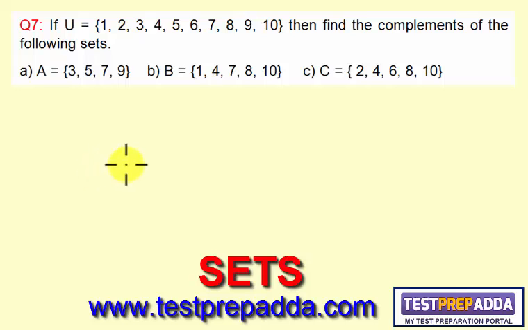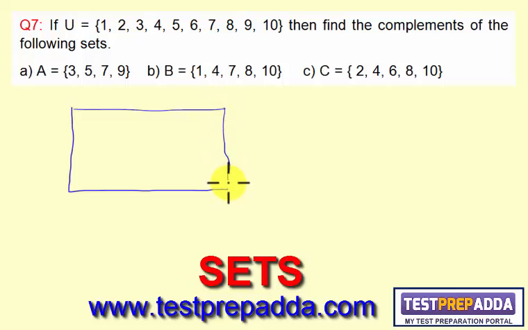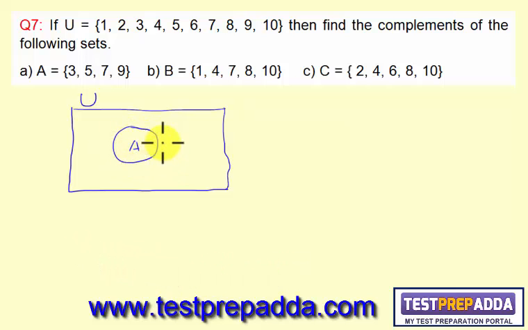In the Venn diagram, if this is the universal set U and A is a subset of this U, then the complement of set A is the set of all elements of U which are not present in A, and that means this shaded portion.